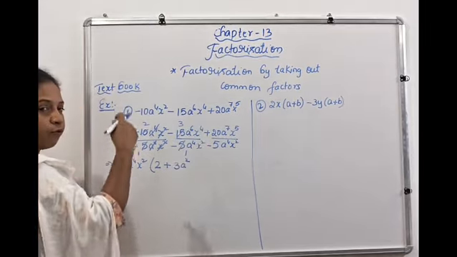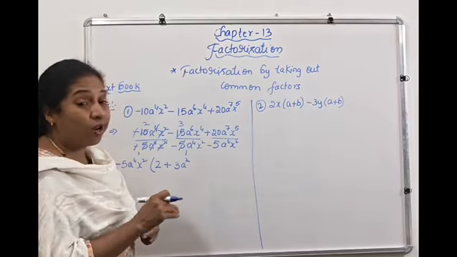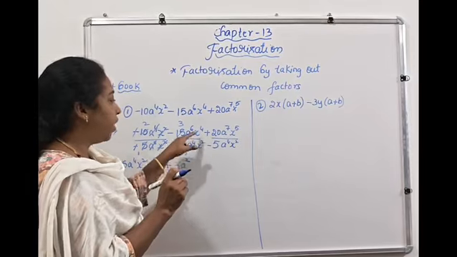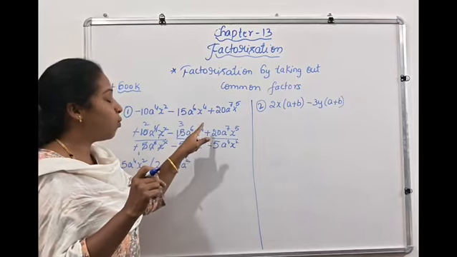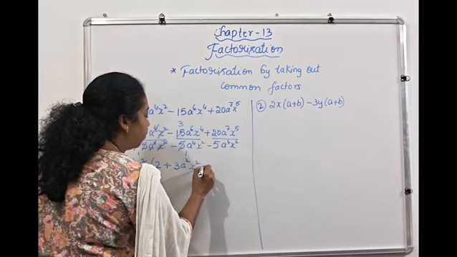Here also x to the power of 4 minus 2. That means we are applying the exponent laws. Which law is this? Yes, the quotient law. x to the power of 4 minus 2 is x to the power of 2.